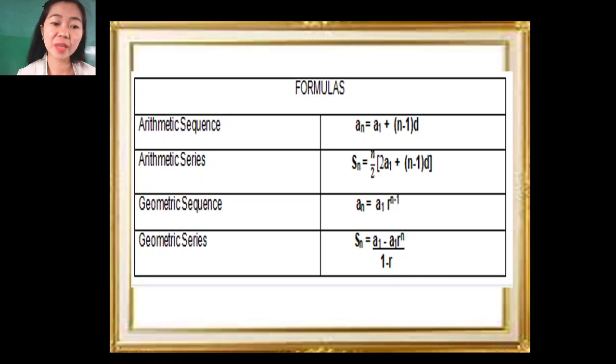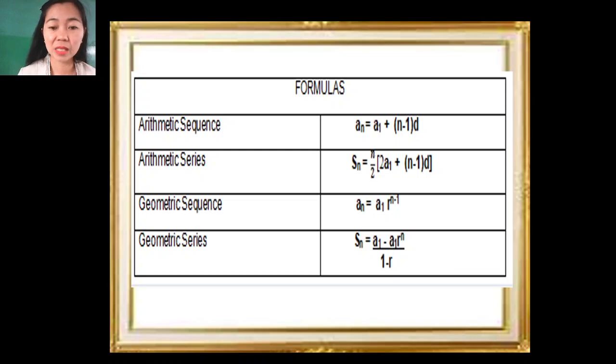Now, for a geometric sequence or problems that involve geometric sequence, the formula will be a sub n is equal to a sub 1 times r raised to n minus 1. So r here is the common ratio, then n minus 1 is the power of r.